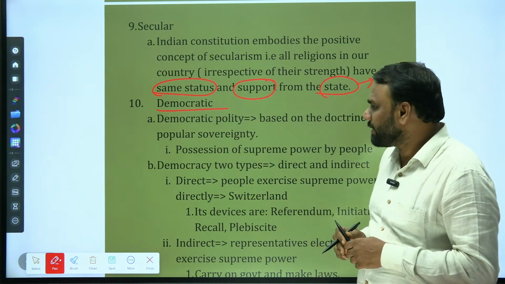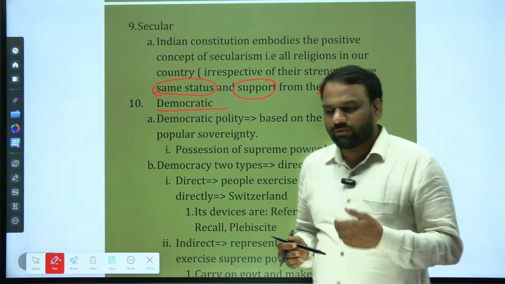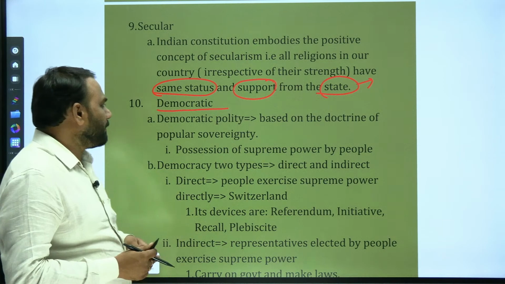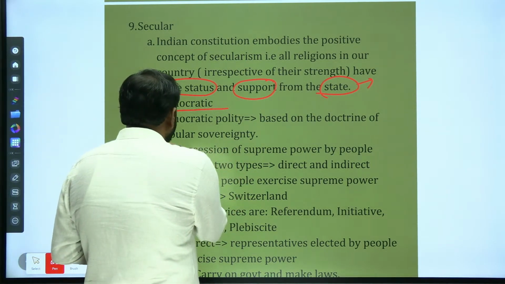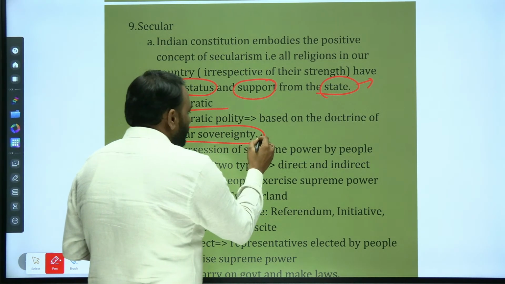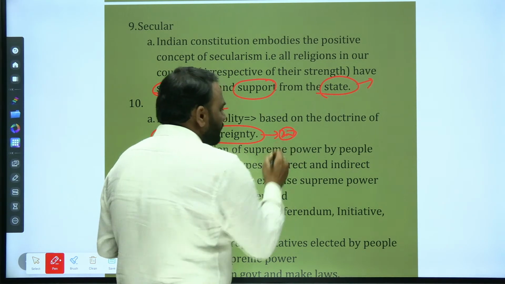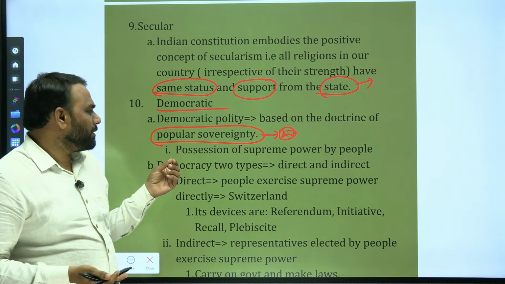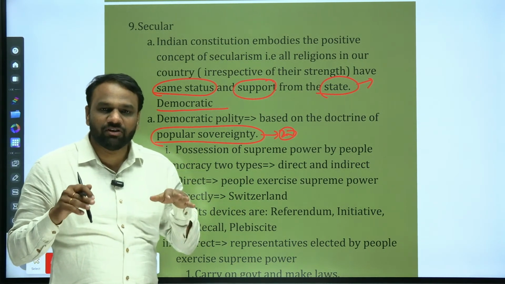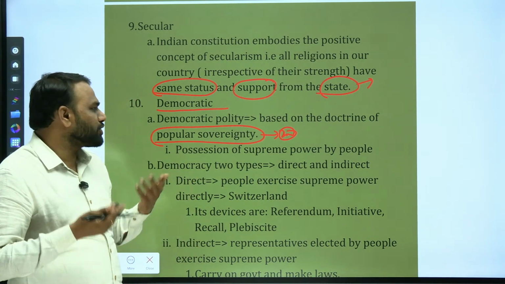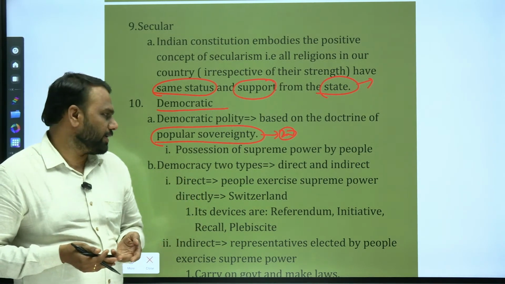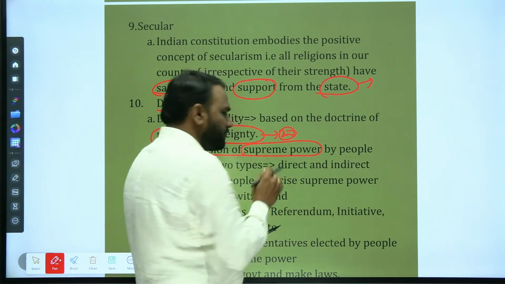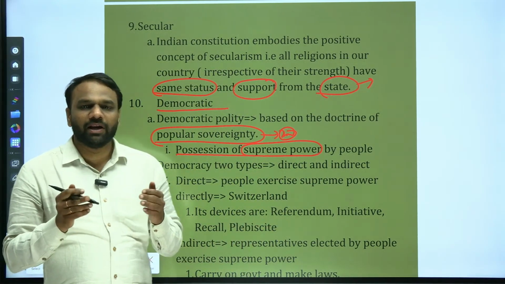Next, democratic. What do we understand by democratic? From childhood days we have been hearing "by the people, for the people, of the people" and all those things. Democratic polity means based on the doctrine of popular sovereignty. What is popular sovereignty? Popular means people. Based on the doctrine of popular sovereignty means whatever the people of this country wish, everything should run in that fashion. That is democratic polity: possession of supreme power by the people. Obviously the supreme power lies in the people.